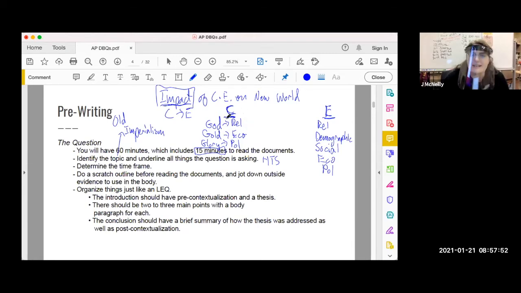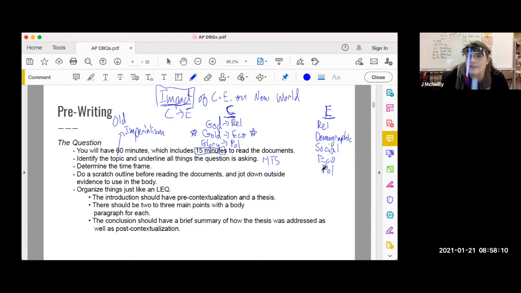The economy, exactly. They were after wealth, mercantilism, gold, silver, cash crops, the encomienda, the asiento. Y'all have so much you could write about economic, right? So let's say you pick economic causes were the most important, done.